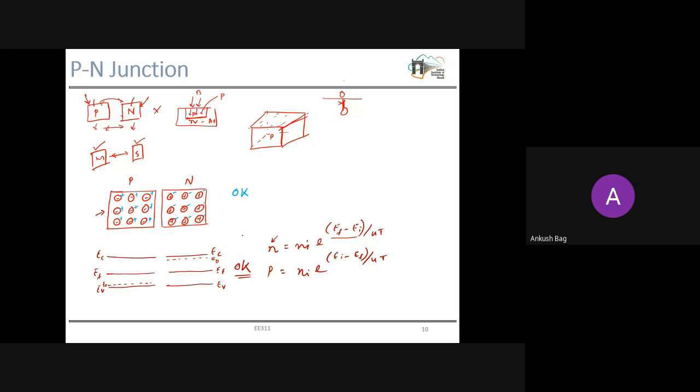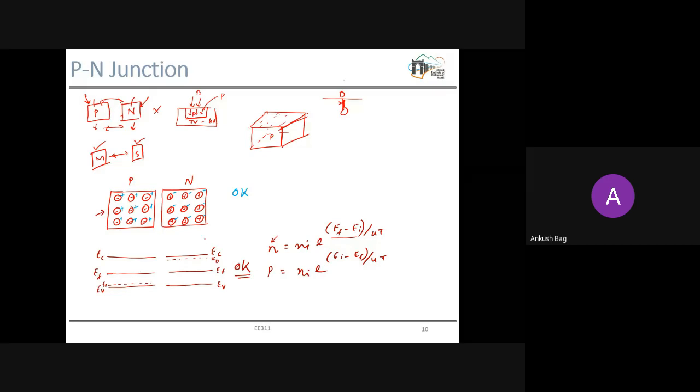But what is exactly happening inside this PN junction? Sometimes we have a lot of confusion. That is why I am going very slowly, so that there should not be any confusion. Let us try to understand what is exactly happening and how all the phenomena are related.